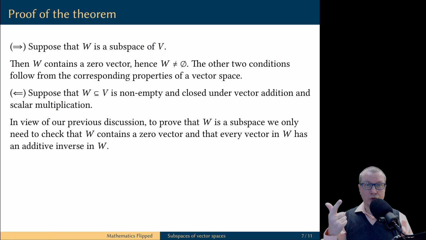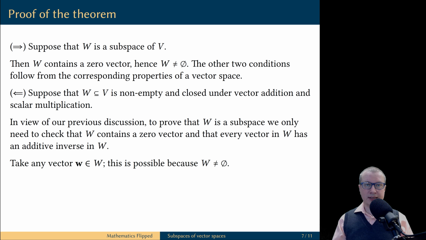Then we need to make sure that W is closed under scalar multiplication. This is assumption number 3 here. Then we need to check that W contains the 0 vector. And finally, we need to show that every vector in W contains an additive inverse in W. So, what we need to check is that W has the 0 vector and every vector has an additive inverse in W.